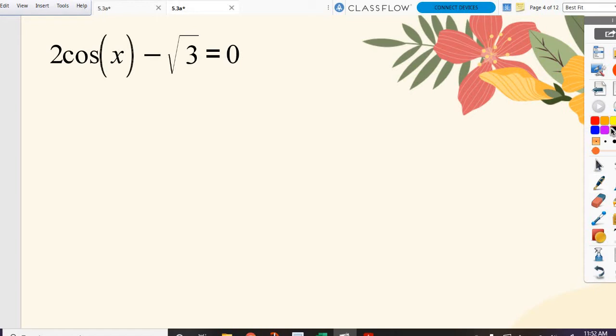So what did we say our goal is? Isolate the trig function. Is my trig function isolated or not? No. I have a square root of 3 and a 2. But again, let's think back to our just normal operations. If I have a minus square root of 3, how do we undo that?